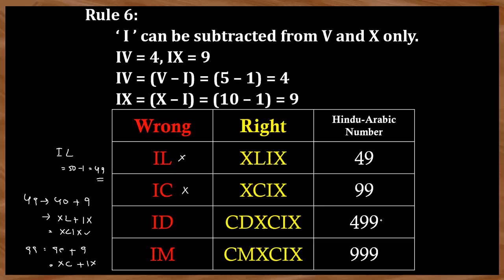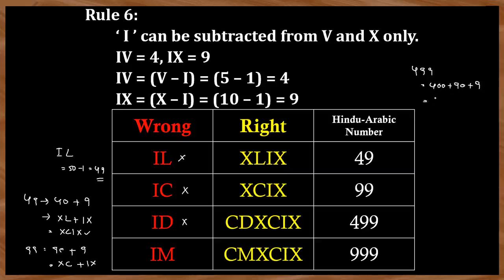To write 499, you should not subtract 1 from the 500 like this. ID is the wrong method. So first you have to write 400. How to write 499? Which is 400 plus 90 plus 9. You have to think like that.